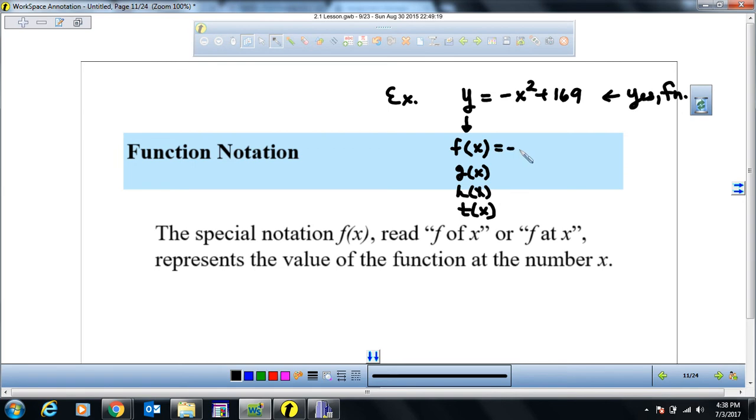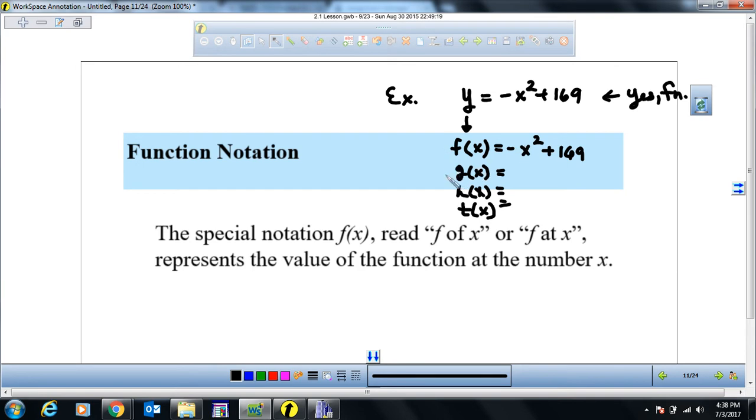But remember that the notation f of x, g of x, or h of x represents the value of y. So the y can be represented in many different ways using just a letter to give the name to the function. So f of x means the function f with respect to the variable x, meaning that it is a function called f that contains the variable x in it.